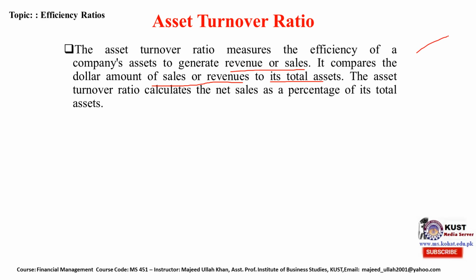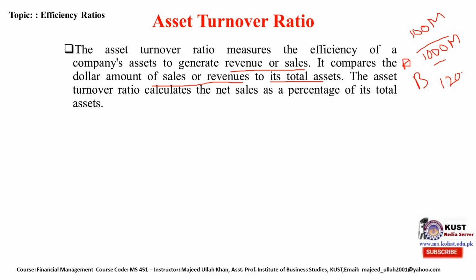It means, let's suppose one company, A, is holding 1,000 million in assets and generates 100 million in sales. B company holds the same assets, 1,000 million, but generates 120 million in sales.